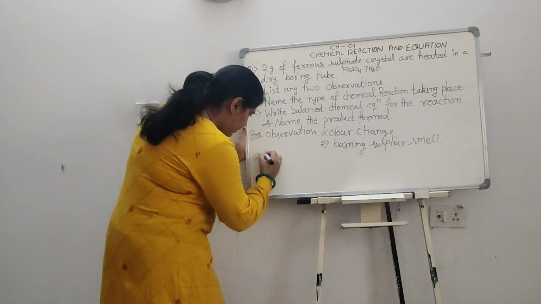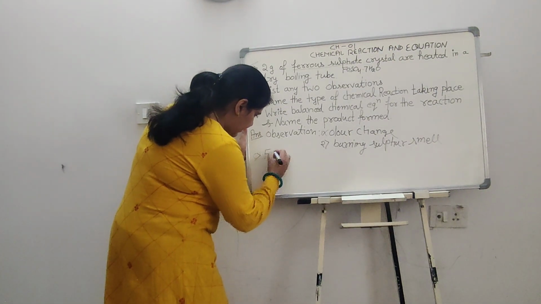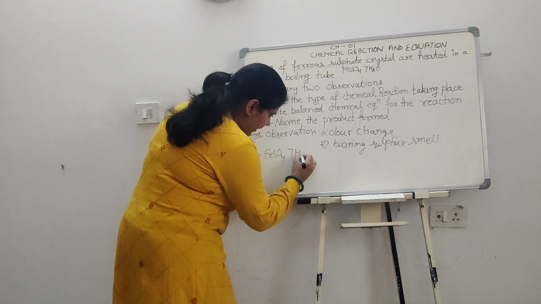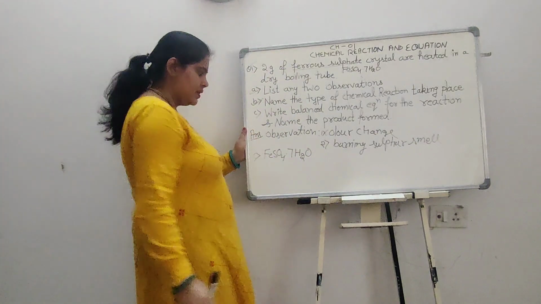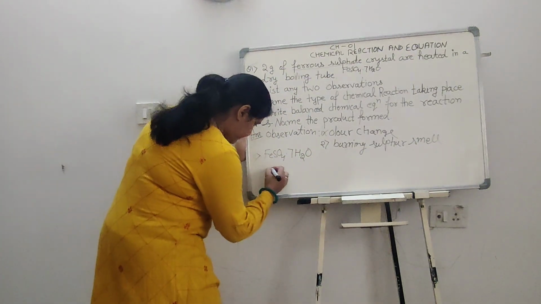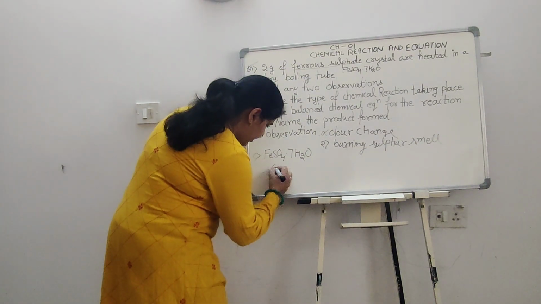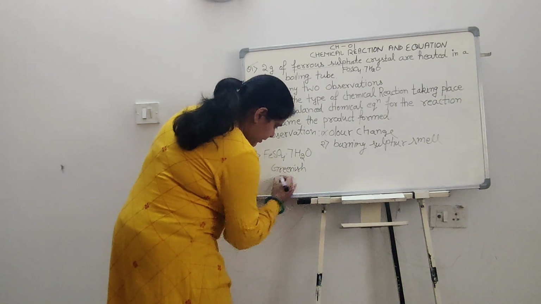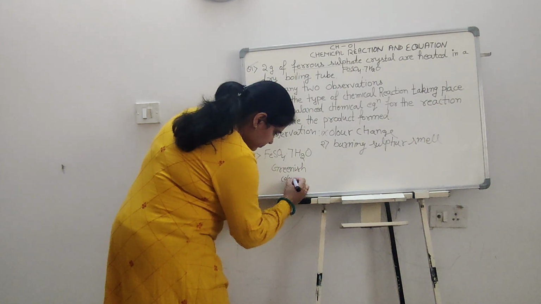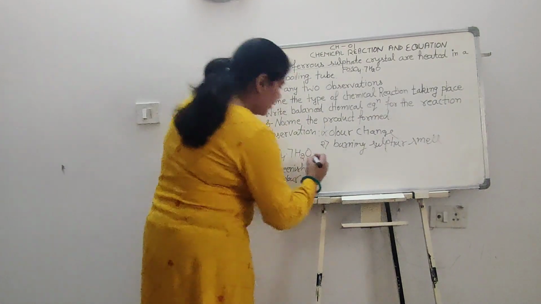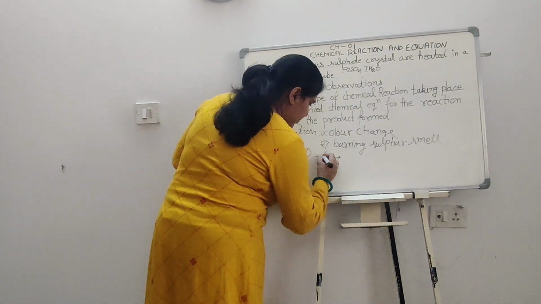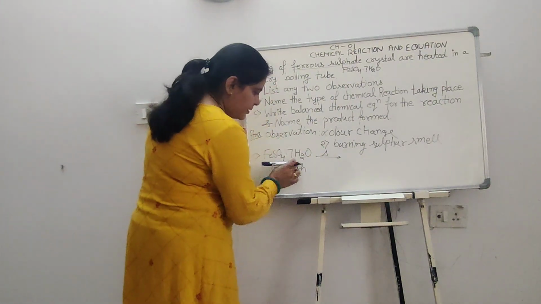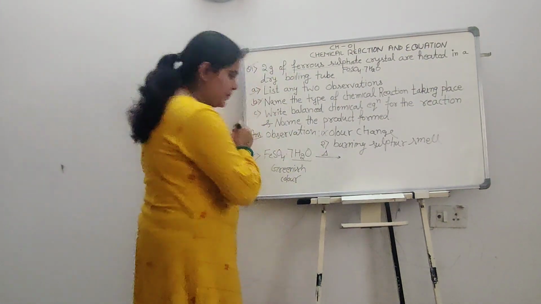In the starting, what are we taking? Ferrous sulfate crystals, FeSO4.7H2O. It is greenish in color. Now when you heat it, the water molecules evaporate.